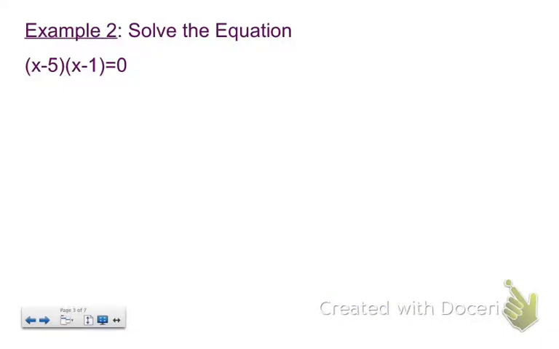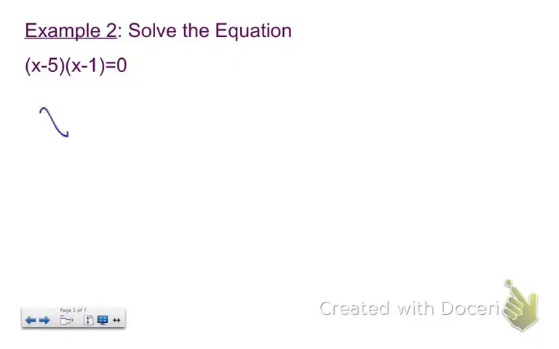So here's another example. If we know x minus 5 times x minus 1 equals 0, what are the solutions for this equation? Now keep in mind, in all the sections before this in chapter 9, we were just simplifying. So now that we have an equal sign, we have an equation, and so we're no longer just simplifying, we're actually solving.